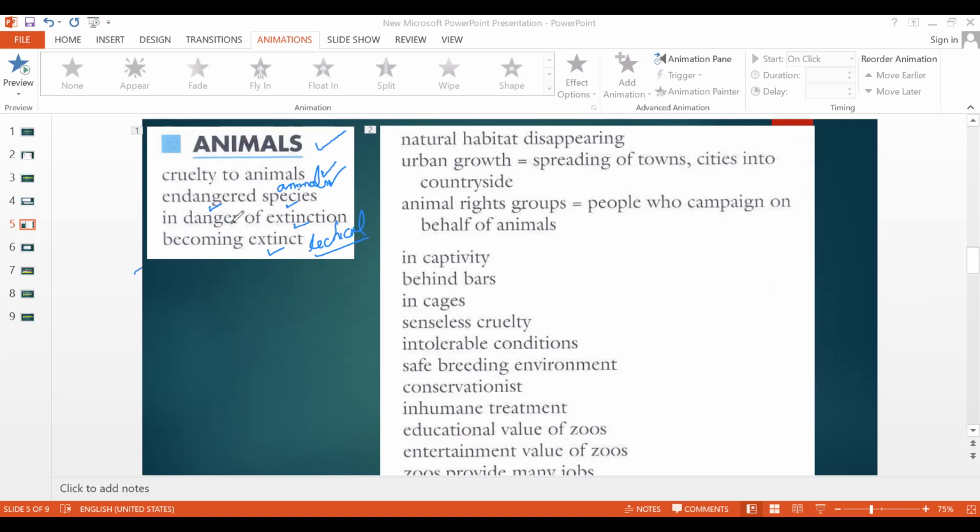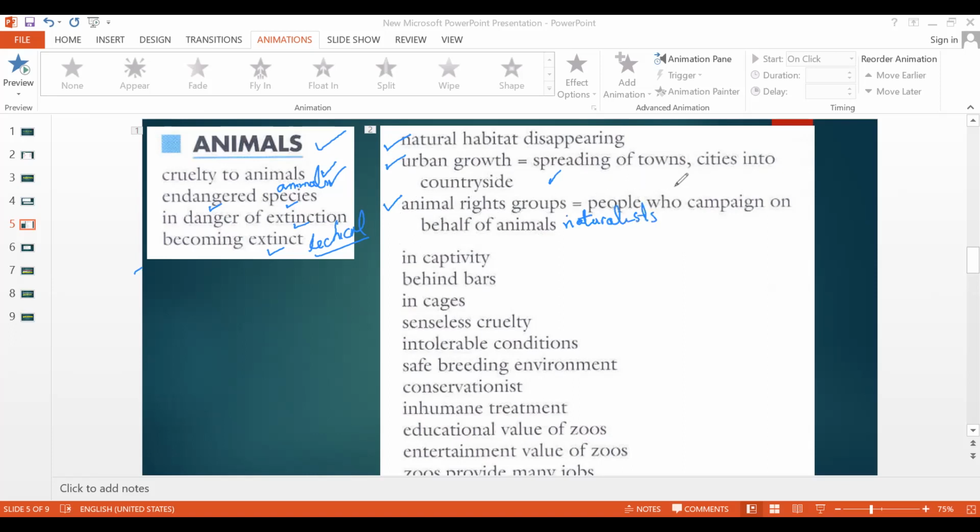Okay, Mu'adh, continue on the right side here. Natural habitat disappearing, urban growth, spreading of towns, cities on countryside. Yes, animal rights group, people who campaign on behalf of animals, which we also name naturalists.